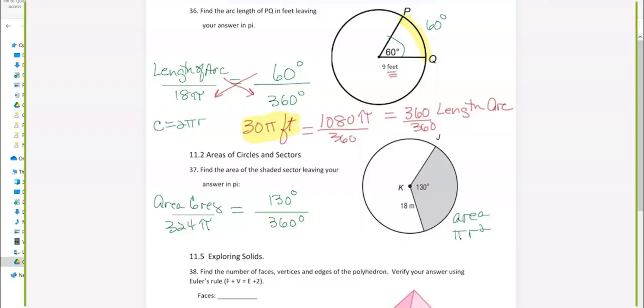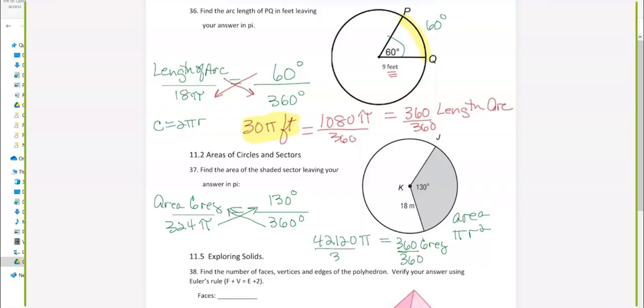Okay? So now do your cross products. So that's this times this. So 324 times 130. That's going to be 42120, and then bring the pi along. That's going to equal, now go the other way, 360 times the gray. Okay, I want to get the gray area by itself.